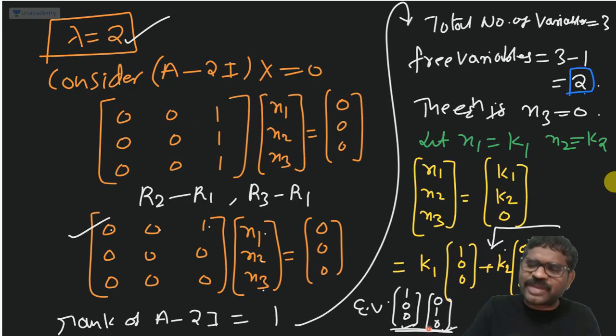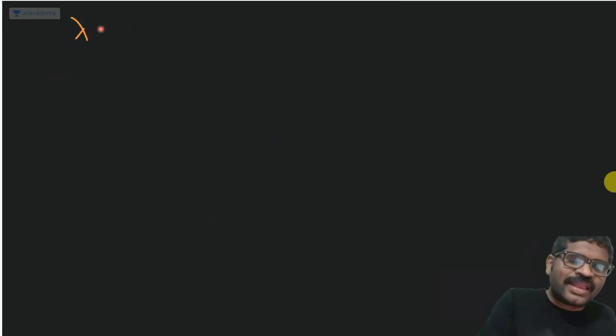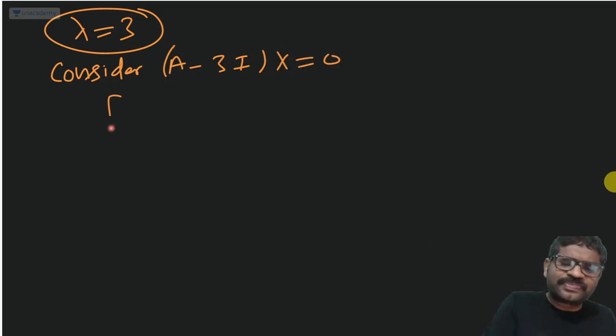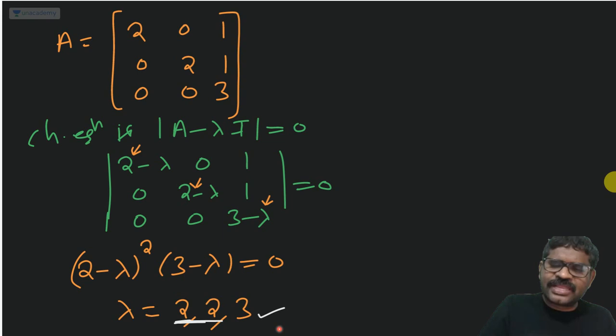I would like to explain one trick in the case of 3 cross 3. Lambda equal to 3. Consider A minus 3I of x equal to 0, with x1, x2, x3. Now, in the place of lambda, substitute 3.